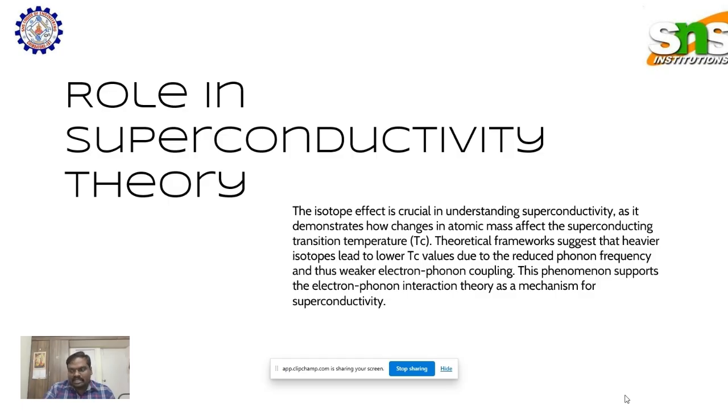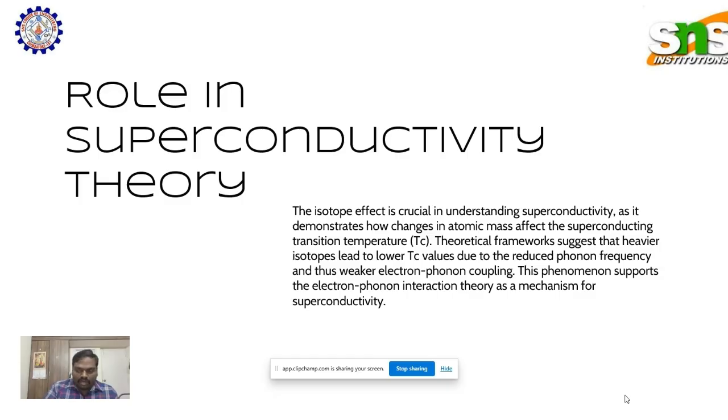Type 2 superconductors allow partial penetration of the magnetic field in vortices and can stay superconducting under strong fields. This makes type 2 materials like niobium-titanium super useful in high-field applications like MRI machines or particle accelerators. And the isotope effect plays a role in superconductivity theory.